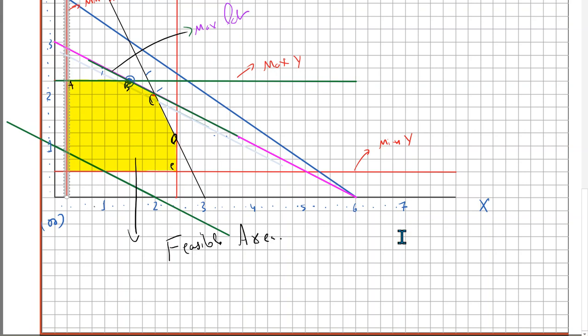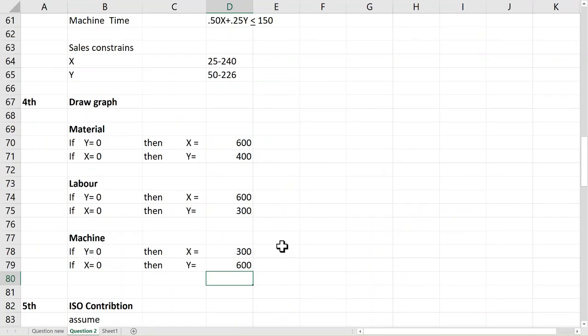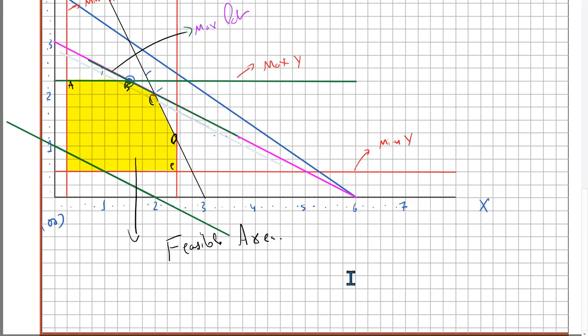So 2 parallel lines. The same thing is done with Y, 50 to 226, about 2 lines here, 50 and 226 here. Now, when you have a minimum limit, then the optimal point is above that limit. Let me remove this line.